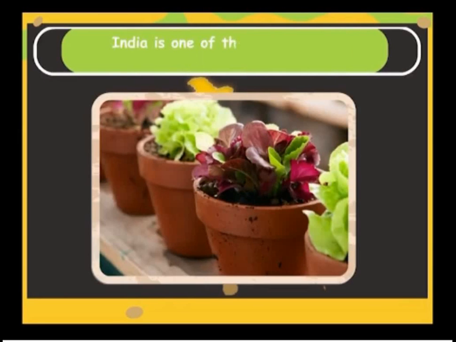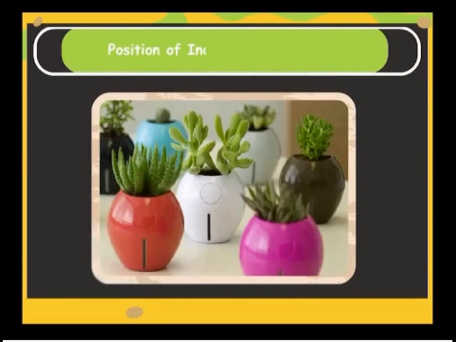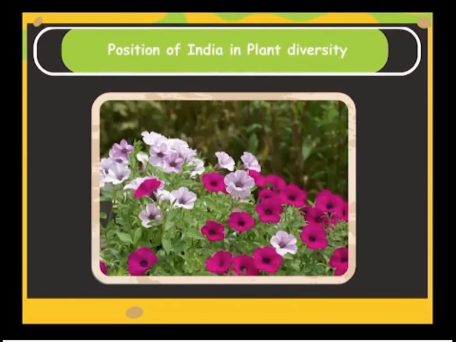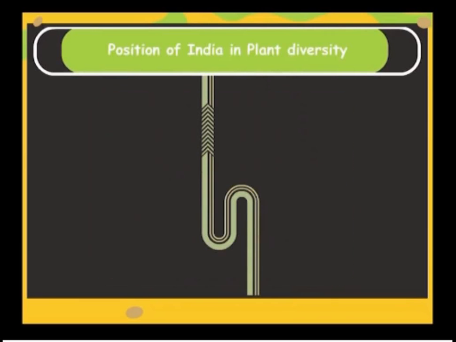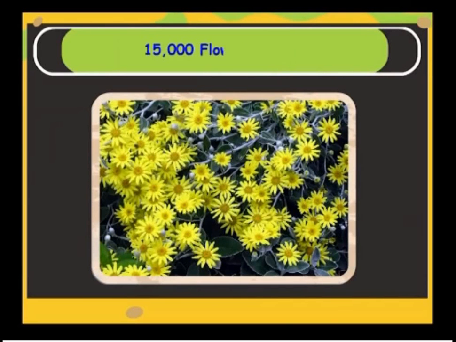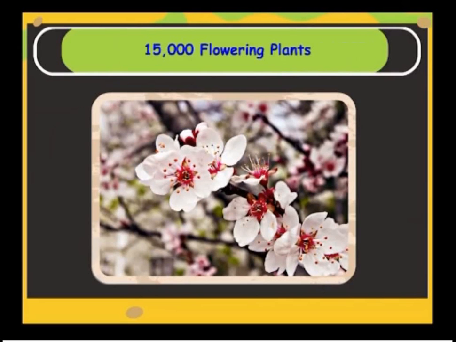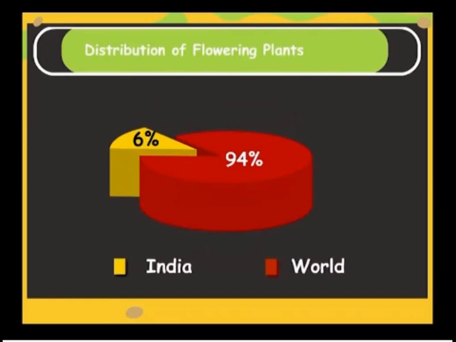India is one of the 12 mega biodiversity countries in the world. In India, we find 47,000 plant species, based on which India is placed 10th in the world and 4th in Asia in plant diversity. There are about 50,000 flowering plants, which account for 6% of total flowering plants in the world.